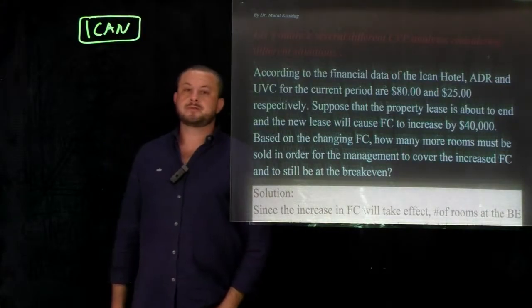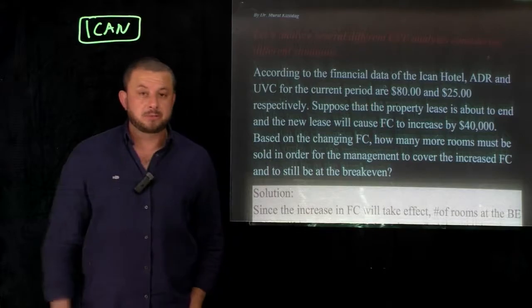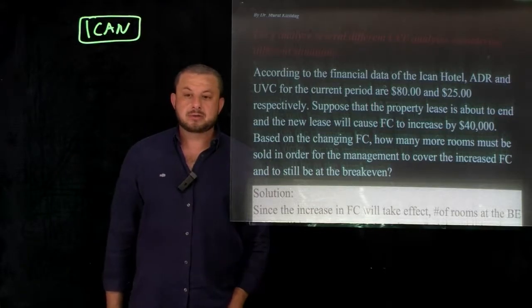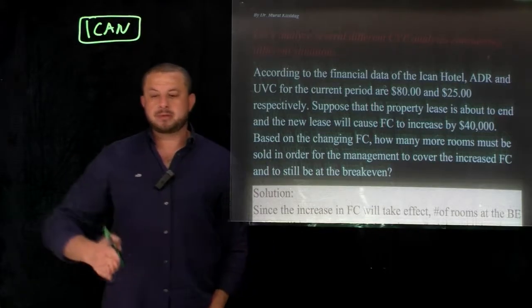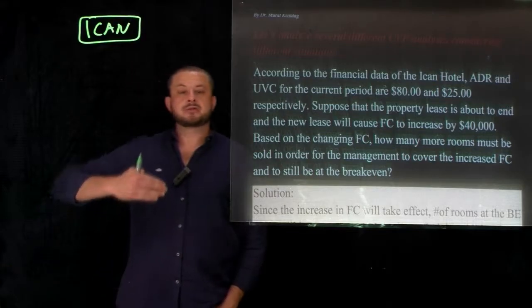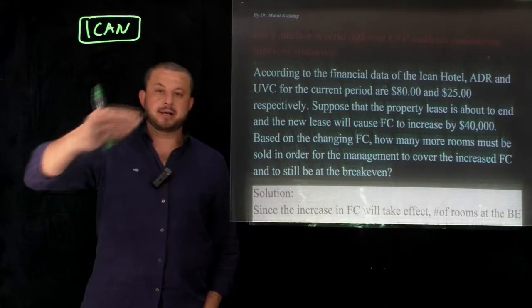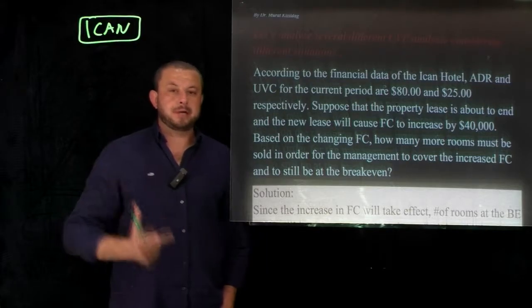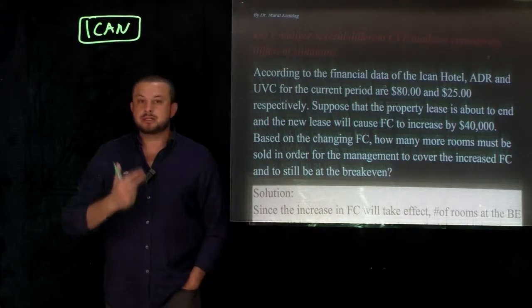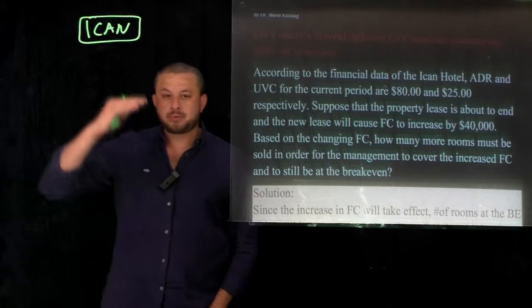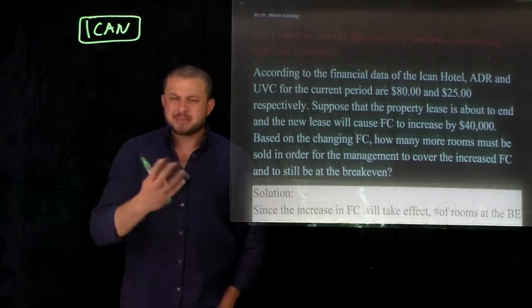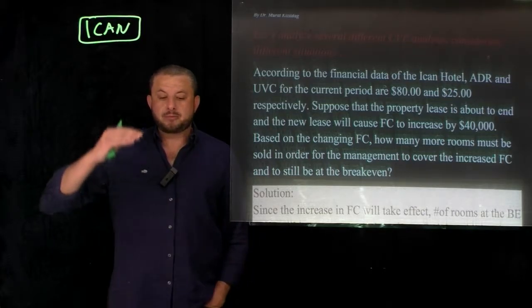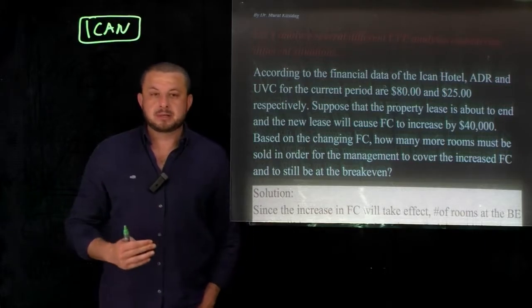Guys, fixed cost, as we know from the previous video lecture, fixed cost does not change during the short term and the mid-term. However, fixed cost does change for the long run. How? Lease expenses, rent expenses, loan repayments, hazard insurance, insurance expenses. These are the most important, or the wages, salary people. These are the most important fixed cost items in hospitality operations.